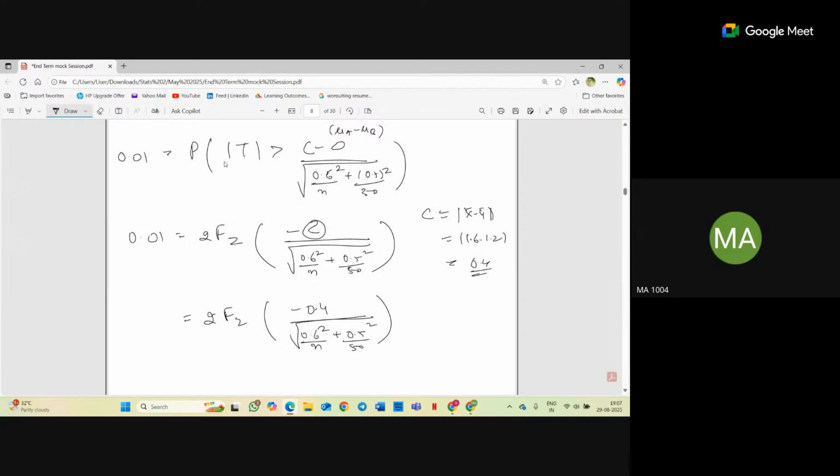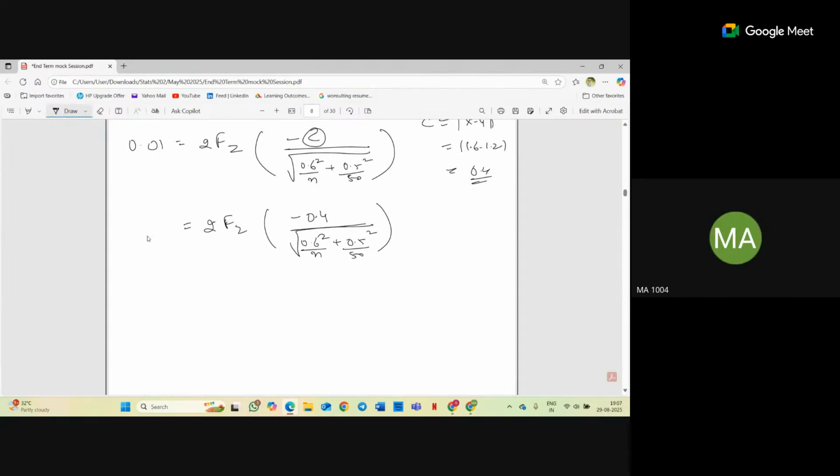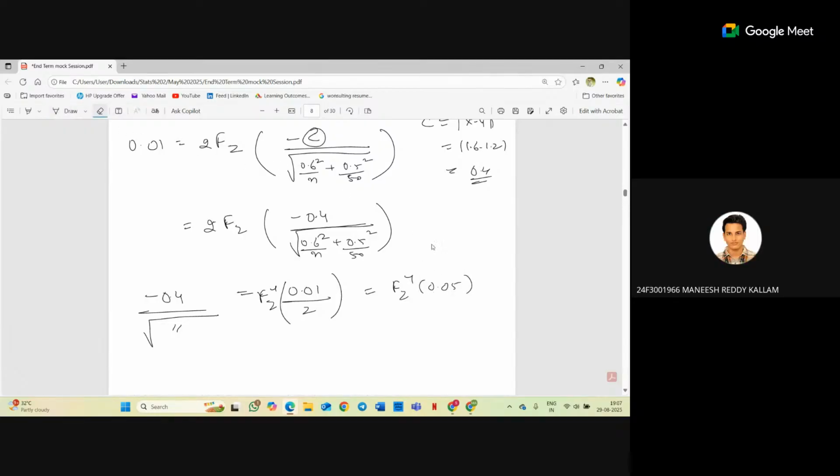This step is clear or not? Okay, so if you calculate this, minus 0.4 divided by the denominator part equals 0.01 divided by 2, which is the Fz inverse of 0.005.